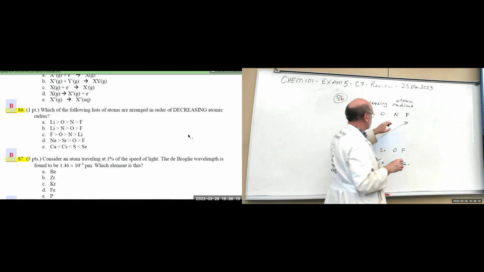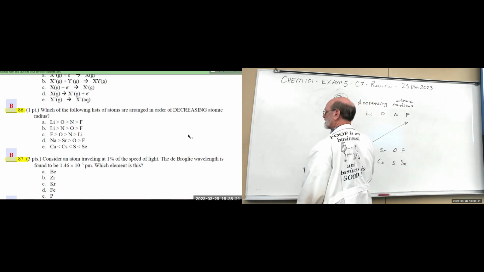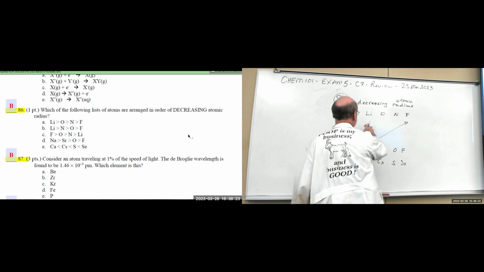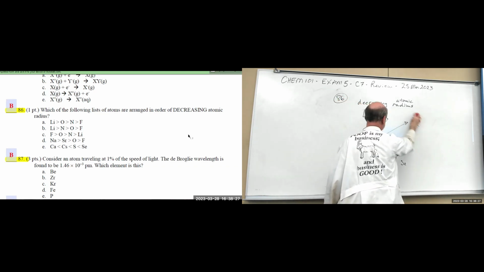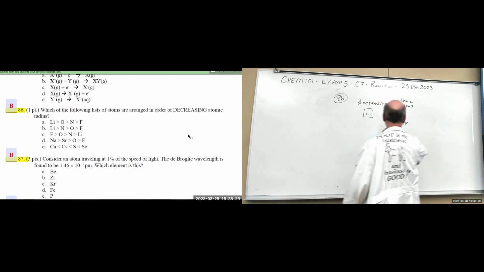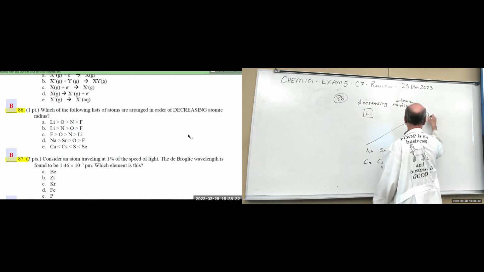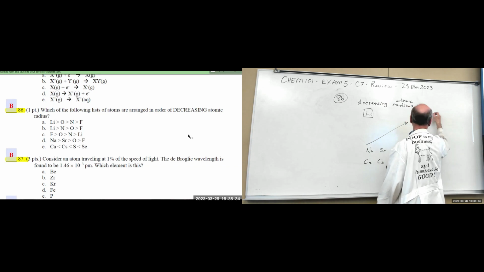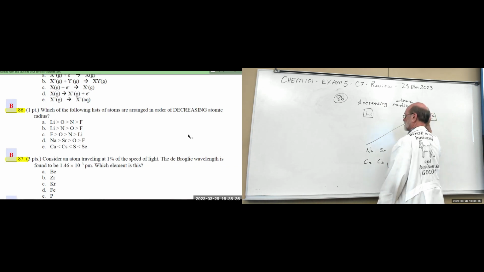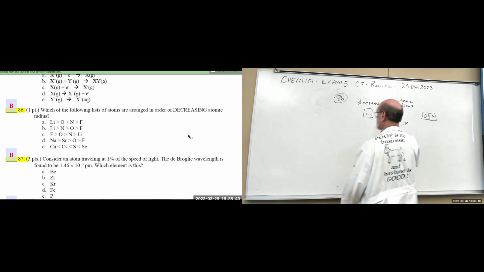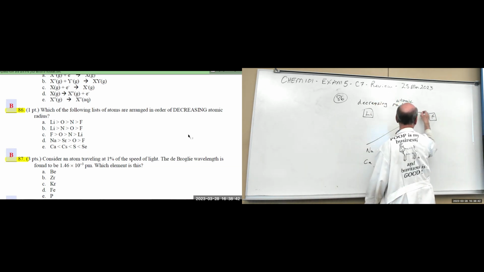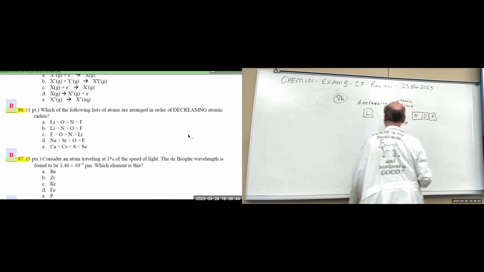Lithium, oxygen, nitrogen, fluorine. So where's lithium? Lithium is way over on the left. Oxygen is over here. Fluorine is right next door. And nitrogen is right here.